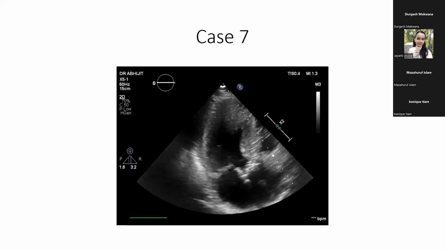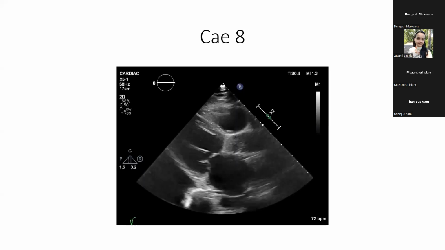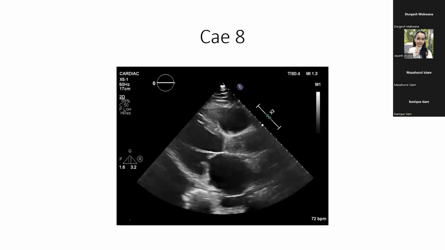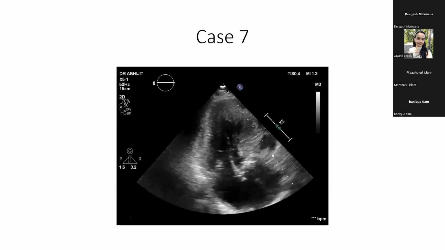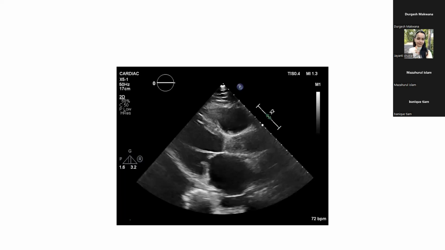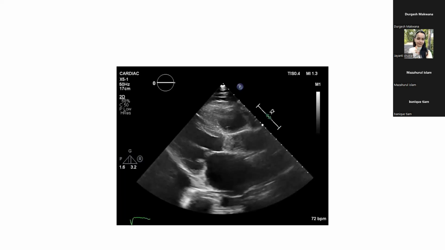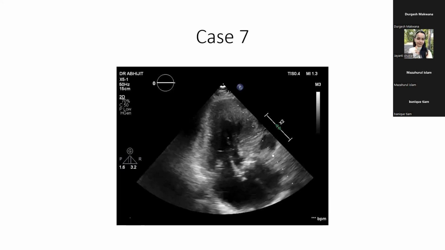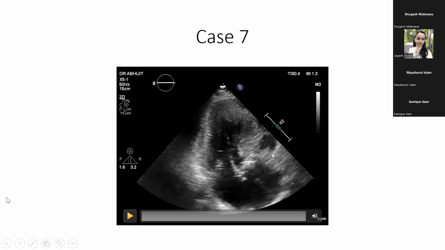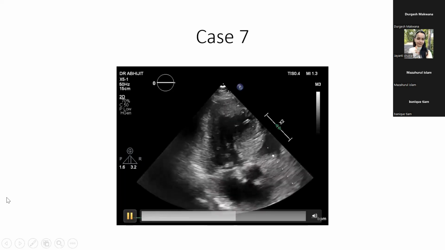First of all, we will measure the mean gradient by apical 5-chamber view or at least 6 window. If the mean gradient is more than 40 or peak velocity is more than 4 meter per second, we will think it most likely severe aortic stenosis.